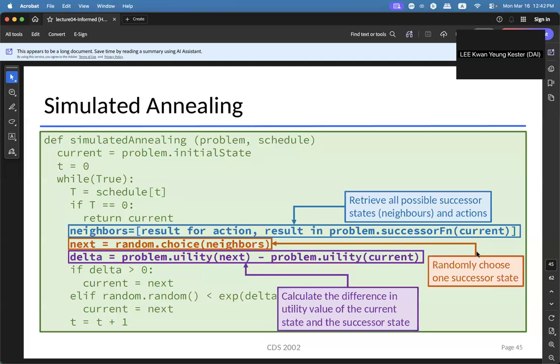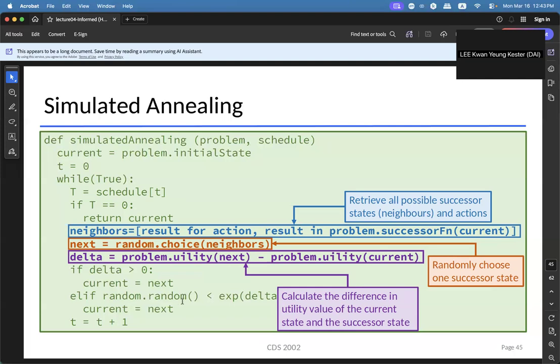Then you compare the utility values, the objective values, of the neighbor against the current state, and you get a delta value. If the delta is larger than 0, the next move is a good move that makes the utility value better, so we jump to that state.